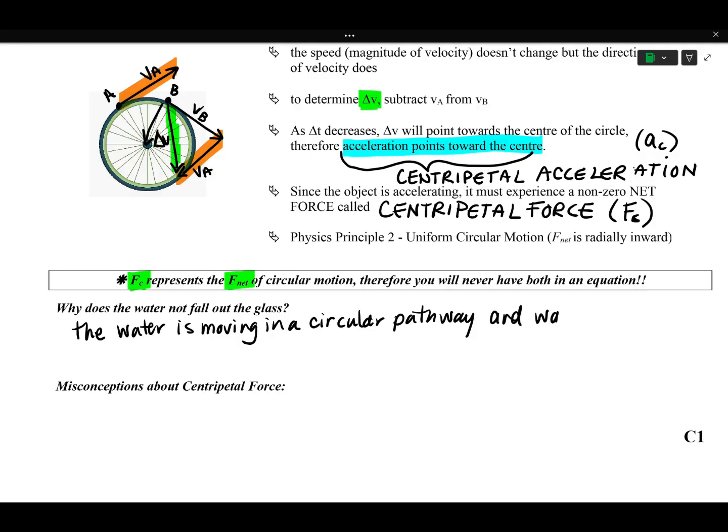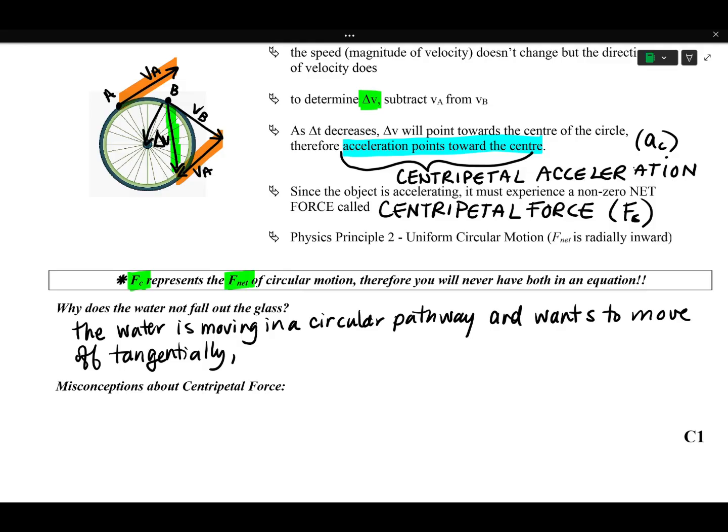So it wants to fly off, but it doesn't. It doesn't move off because there is a centripetal force.